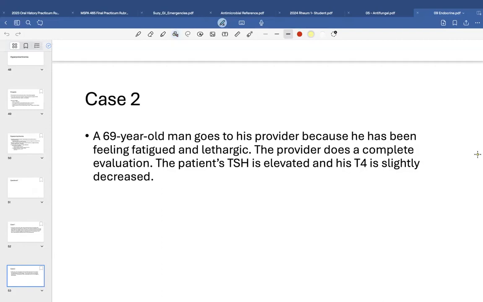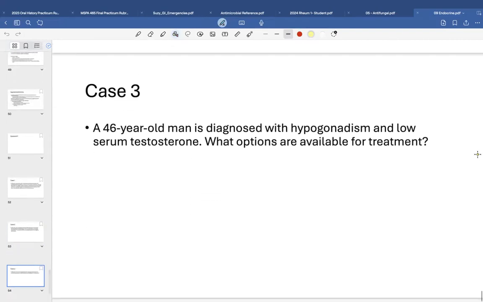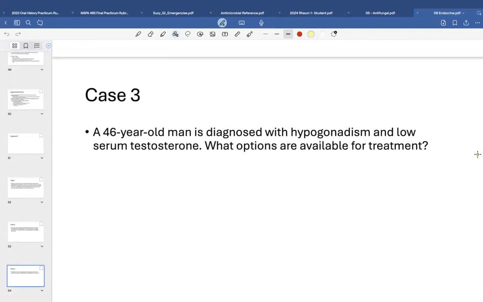And then finally, you have a 46-year-old who's diagnosed with hypogonadism, low serum testosterone. What options are available for him? There are lots of different formulations of testosterone available. It can be administered as topicals, creams, or patches.